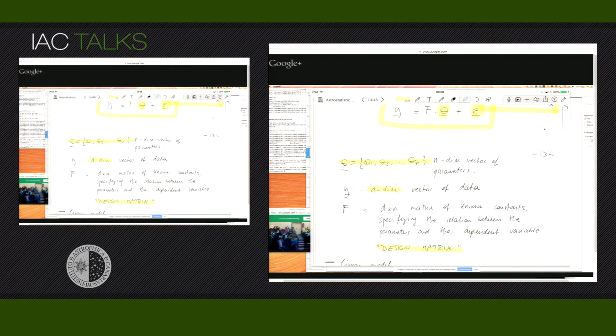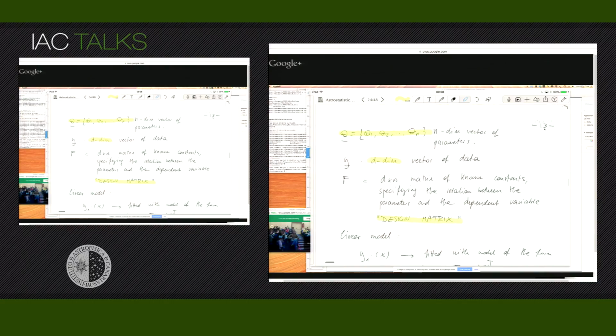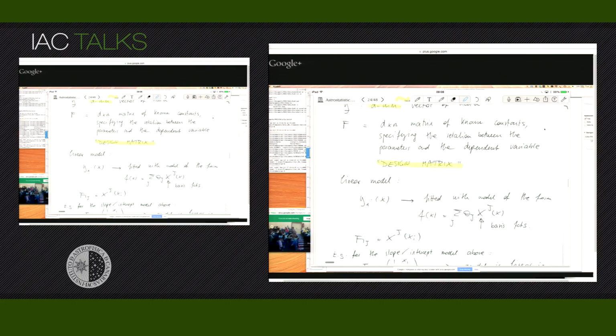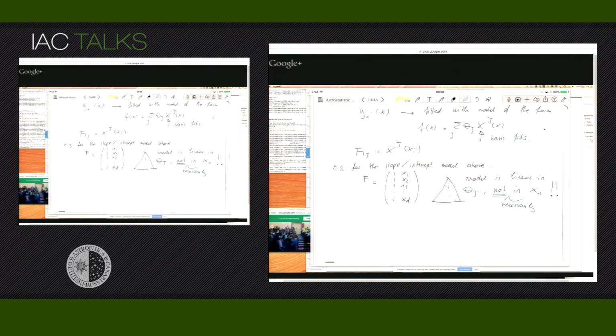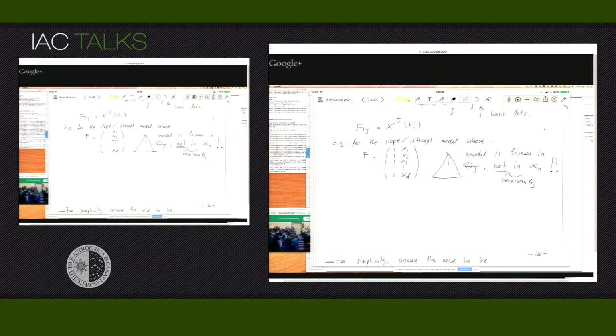So just to give you a sense for what F is, in the linear model we had before, where the parameters are the intercept and slope, you can easily convince yourself that F, the design matrix, takes on this form.